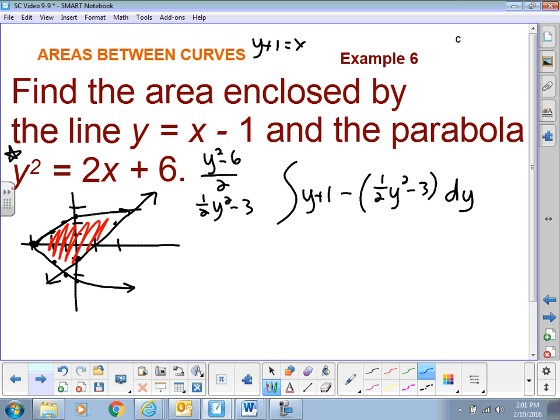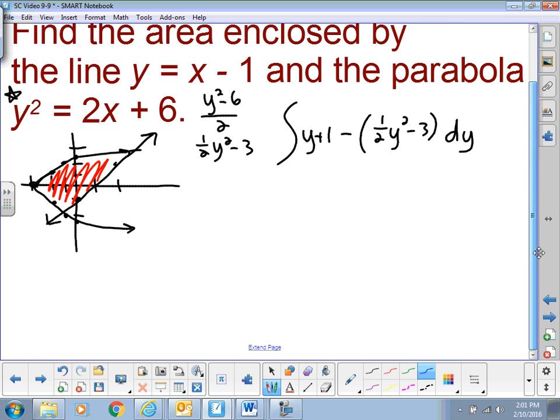Now we have to find the y values where these both cross. So what we can do is we know that y is equal to x minus 1. So we'll sub that in for y. So again, we're just subbing this in where y is, solving our system of equations.